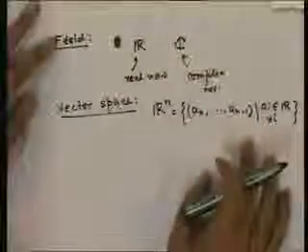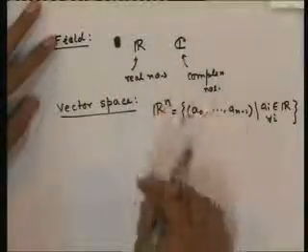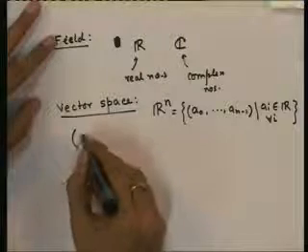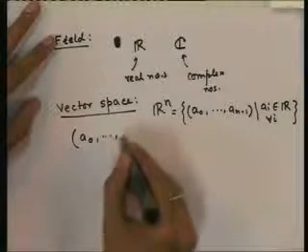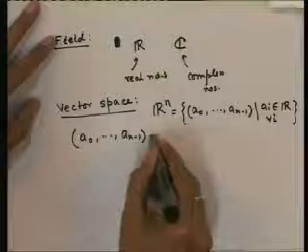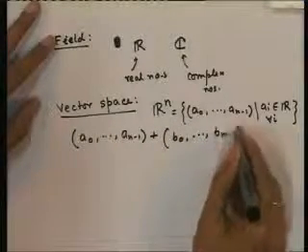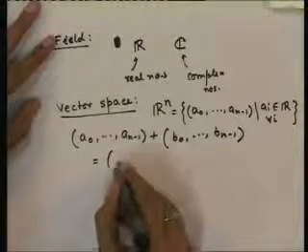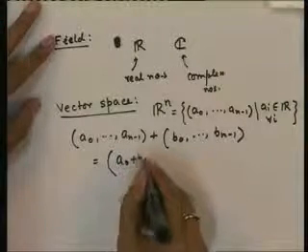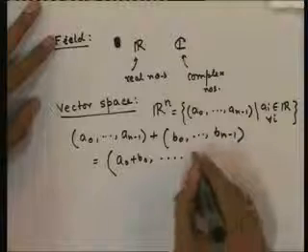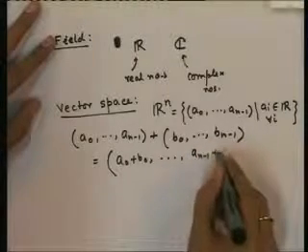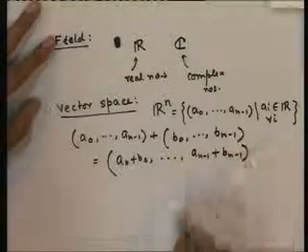And we can define addition in this set. How do we do addition? Addition of two vectors (a0, ..., a_{n-1}) plus (b0, ..., b_{n-1}) is simply defined as (a0 plus b0, ..., a_{n-1} plus b_{n-1}).